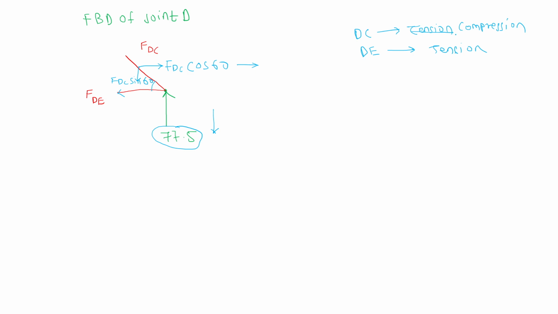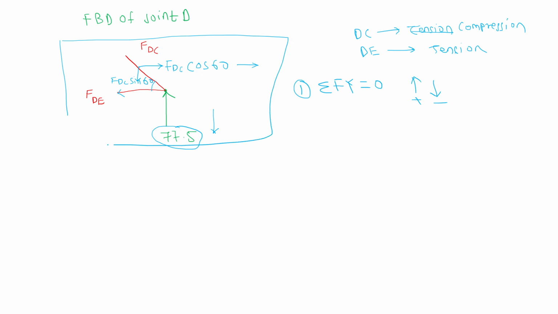Okay. So let's check whether our assumption is correct or not. If the answer is negative, we have to correct ourselves. So first I will use the condition summation Fy is equal to 0. Upward is positive, downward is negative. You have to apply this for this joint only. So the upward is 77.5 minus there is one downward force FDC sin 60.